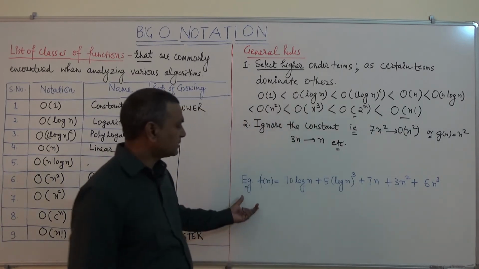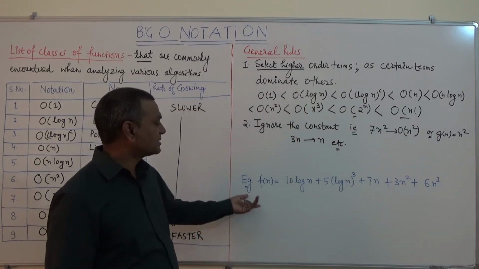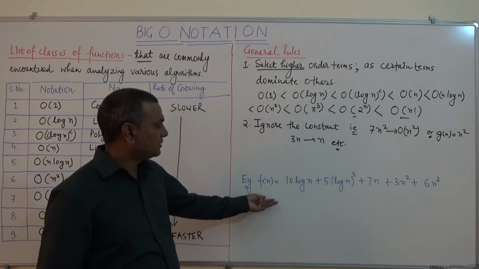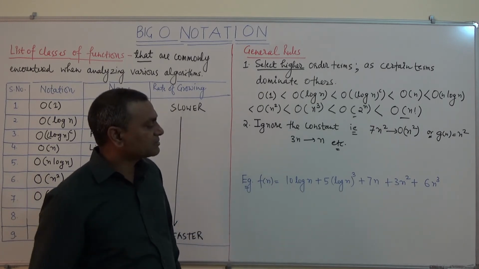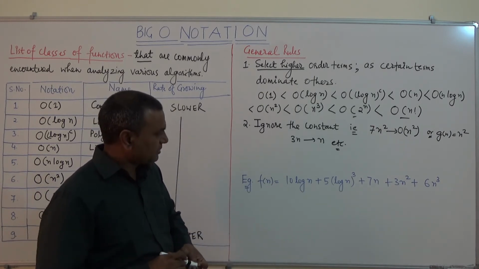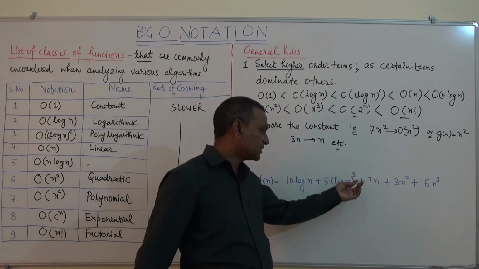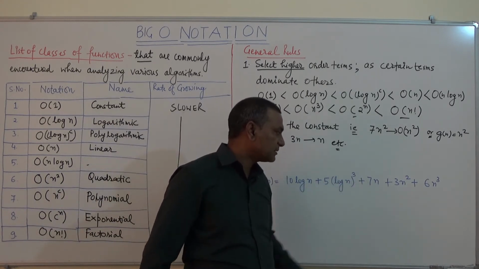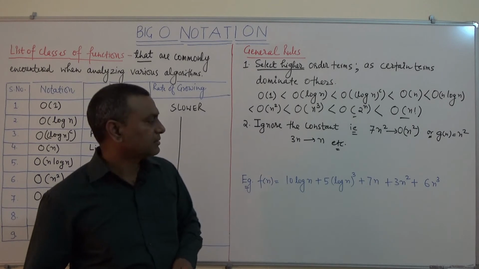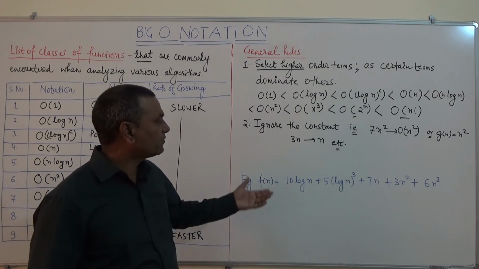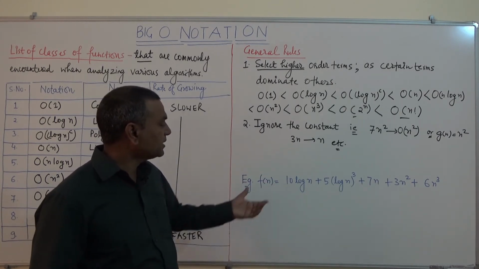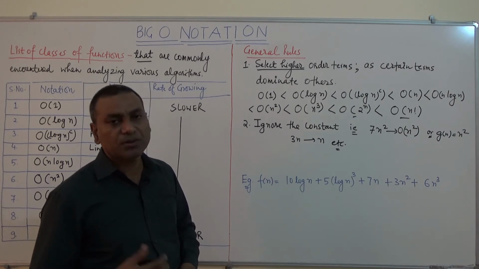Now we will take an example. So this is any example. Let us say fn is equals to 10 log n plus 5 log n raised to the power 3 plus 7n plus 3n square plus 6n cube. Now we have to find out its big O notation.